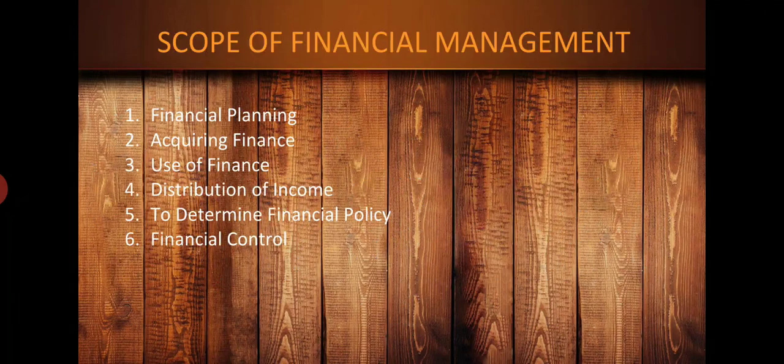Now, the scope of financial management is divided into two major parts. The first is the conventional approach, and the second is the modern approach. The conventional approach is totally narrow. It is concerned only with raising finance as per the requirement of the organization.